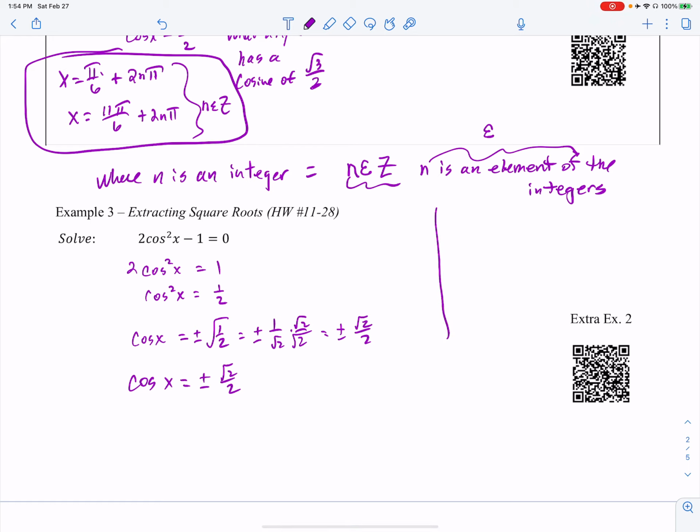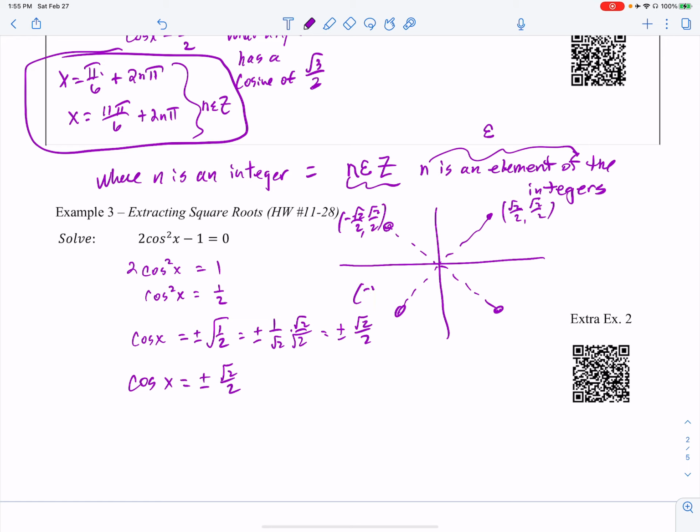And so on this one, I know in quadrant 1, in quadrant 2, in quadrant 3, and in quadrant 4, at all those places where we have pi 4th reference angles, here would be root 2 over 2 up root 2 over 2. Here would be negative root 2 over 2 up root 2 over 2.